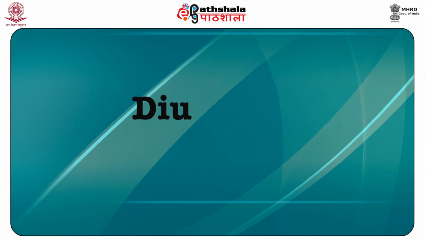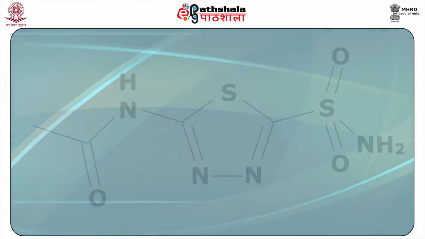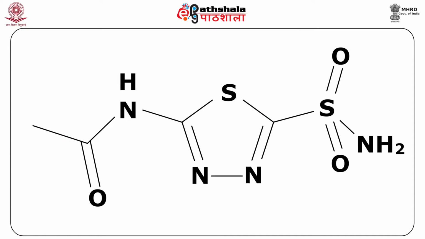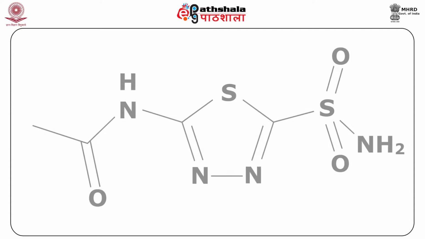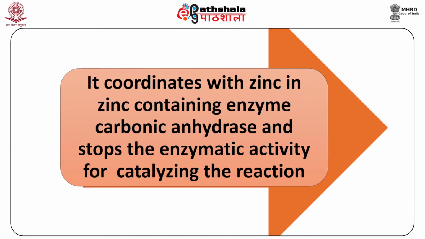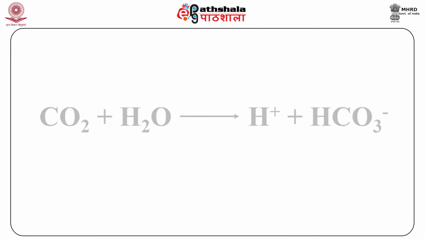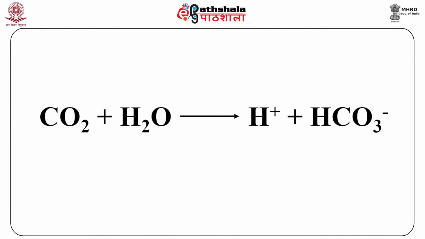Example, diuretics. These are the drugs that promote the formation of urine. Example, acetazolamide. It coordinates with zinc in the zinc-containing enzyme carbonic anhydrase and stops the enzymatic activity for catalyzing the reaction in which water combines with carbon dioxide to form bicarbonate ion.